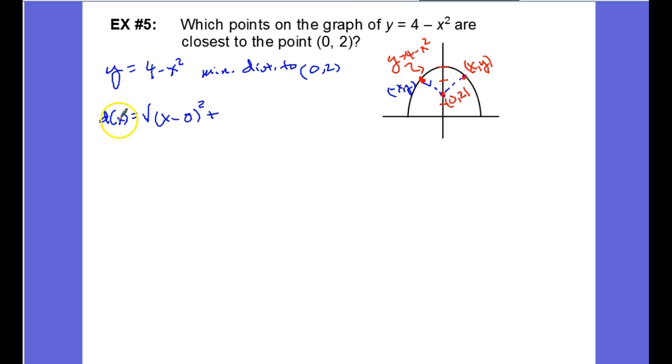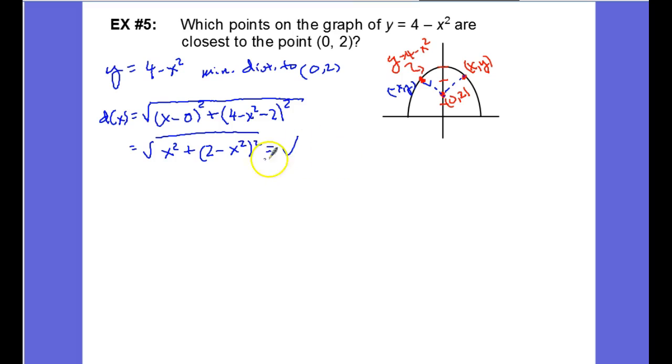But I want this in terms of x. Well, remember that y is equal to 4 minus x squared. So instead of saying y minus 2, let me put 4 minus x squared in and subtract 2 from that. So this gives us the square root of x squared plus, and 4 minus 2 is 2, minus x squared, squared. And let's go ahead and expand that binomial.